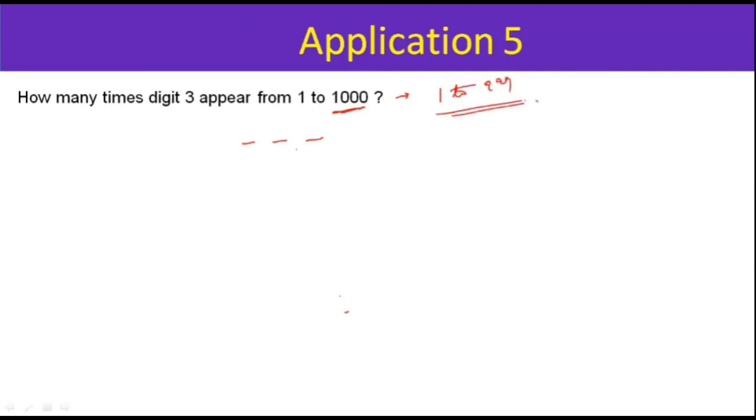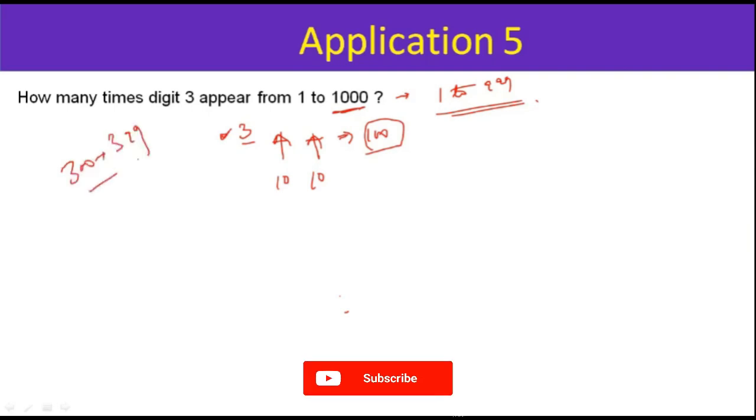Now I can make some cases: we have 3 positions for 3 to come. If 3 comes in the 100s position, how many such cases do I have? I can have 10 possibilities here and 10 possibilities here. So in total, I have 100 such numbers where 3 comes on top, which is essentially 300 to 399.